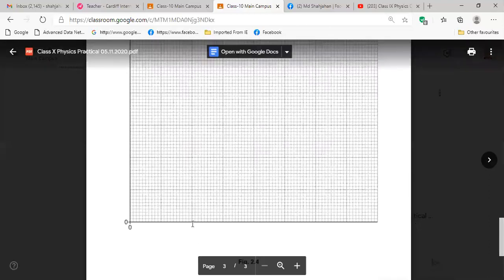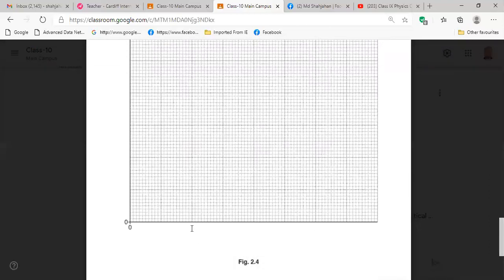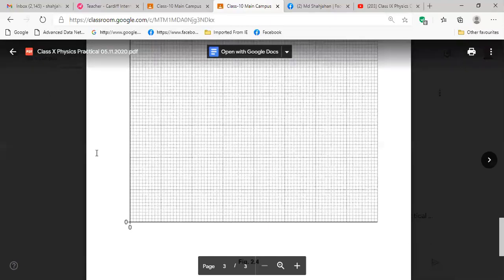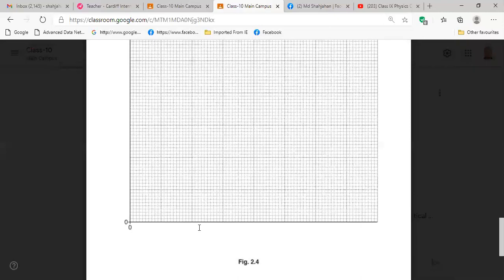That means two big squares will be 10. Then the size of your graph will be better. Otherwise, it will finish here and be very squeezed, in a very small space. We should have the scaling cover more than half of the axis on both sides. So do you understand it, everyone?